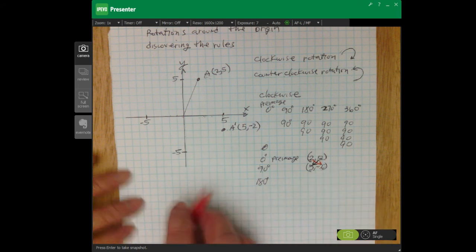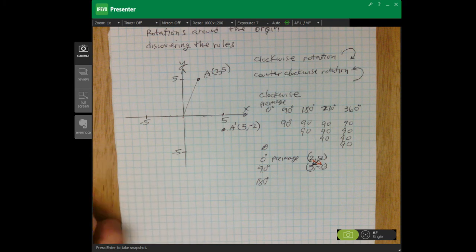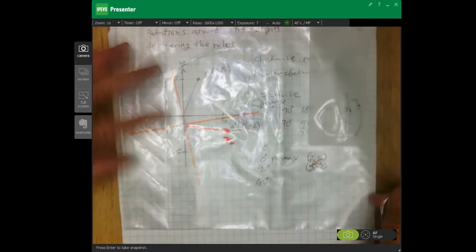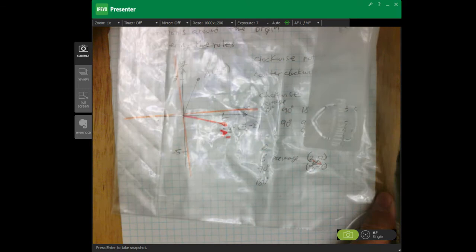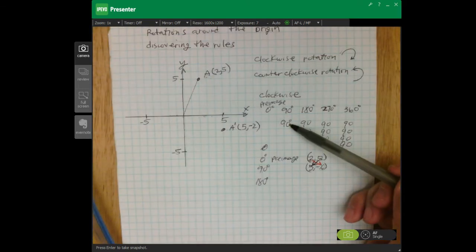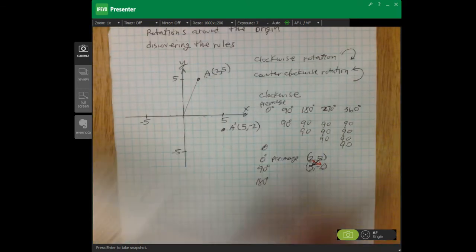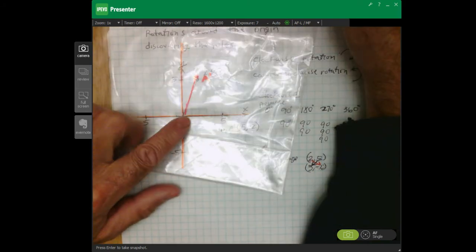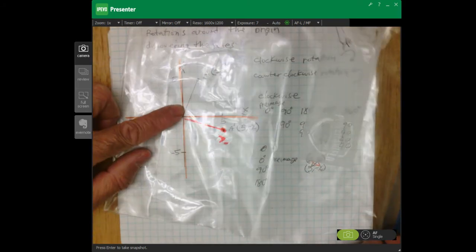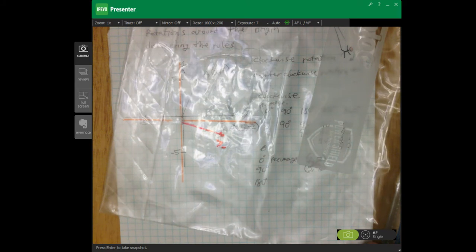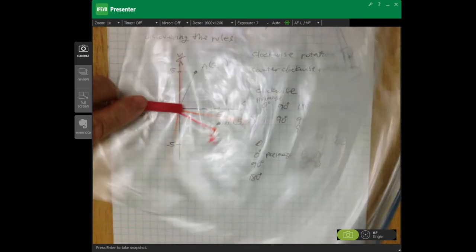Okay. Now, the next point, we can find that one by doing the exact same thing we just did. Now remember, 90 degrees, that was just one 90-degree turn. 180 is two 90-degree turns. So we already did the first. That was this one. So all we have to do is do one more turn, and that'll be 180.